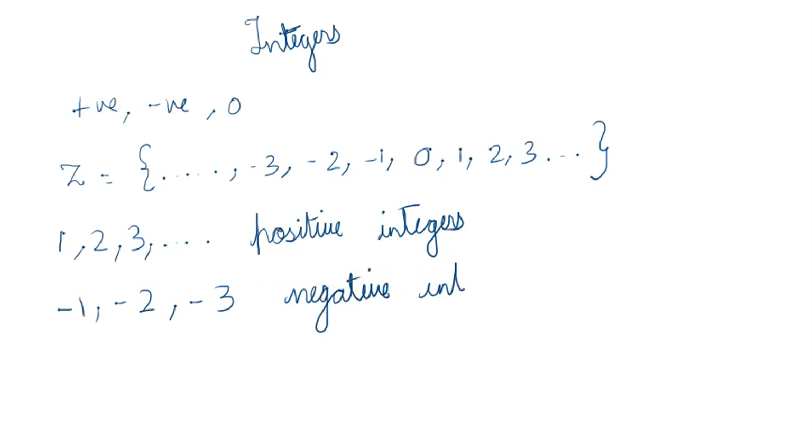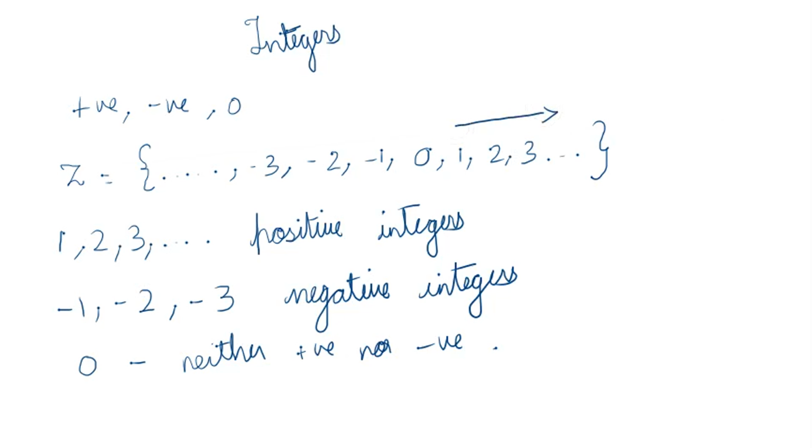So the one which is standing in the center, our hero, 0, is neither positive nor negative. So 0 has no sign. See, all the numbers on the right side of 0 are positive. All the numbers on the left side of 0 are negative integers.